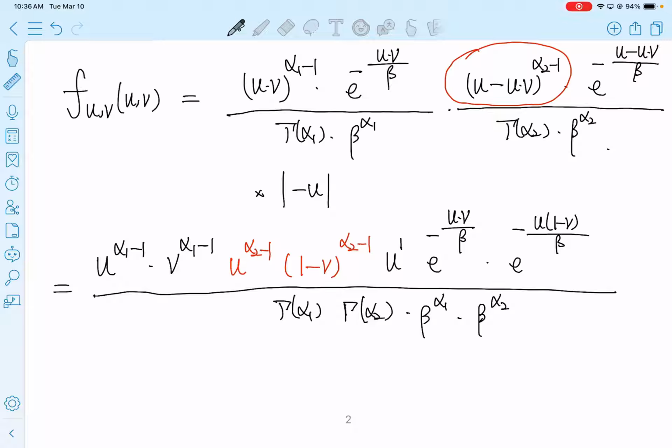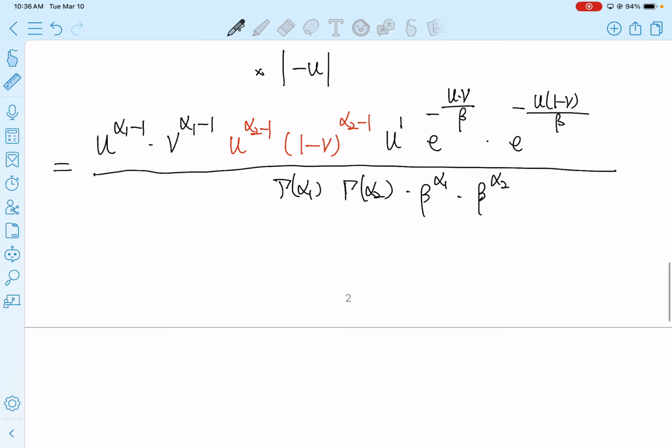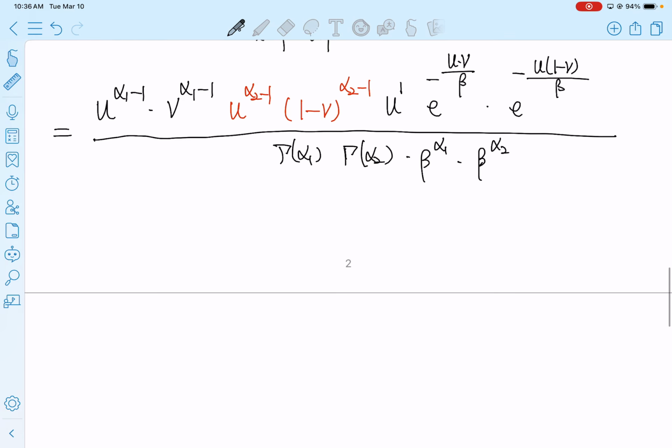Okay, now let's go back to how we get the alpha 1 plus alpha 2 minus 2 plus 1. So once we break down the power for each component, let's complete the power for all the u's. So we have u, we have the power alpha 1 minus 1, alpha 2 minus 1, and then also a power of 1, right?